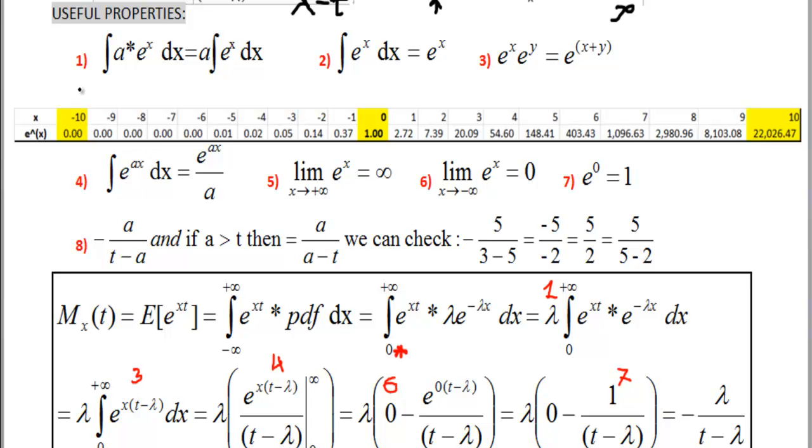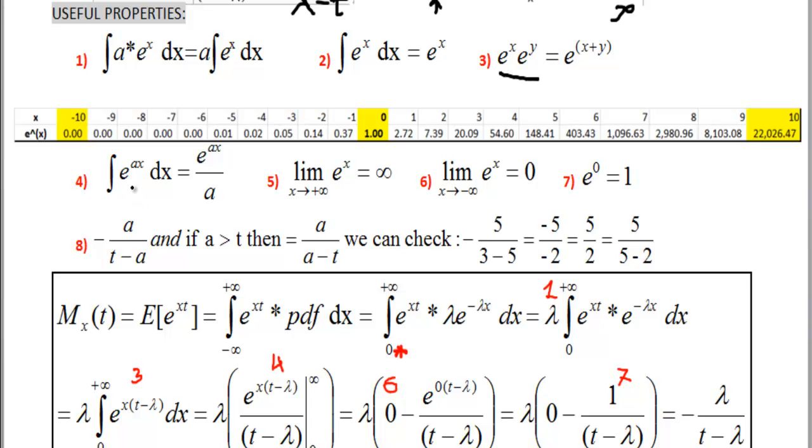Now, some of them are easy, but let's quickly go through them. The first one is when you have a constant and you multiply it by e to x, you can pull this constant in front of the integral. When you integrate e to x, you get e to x. The product of two e to x's gives you e to x plus y.